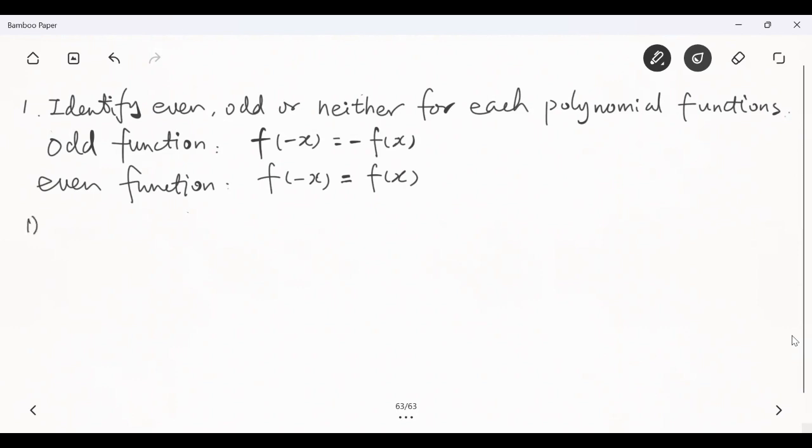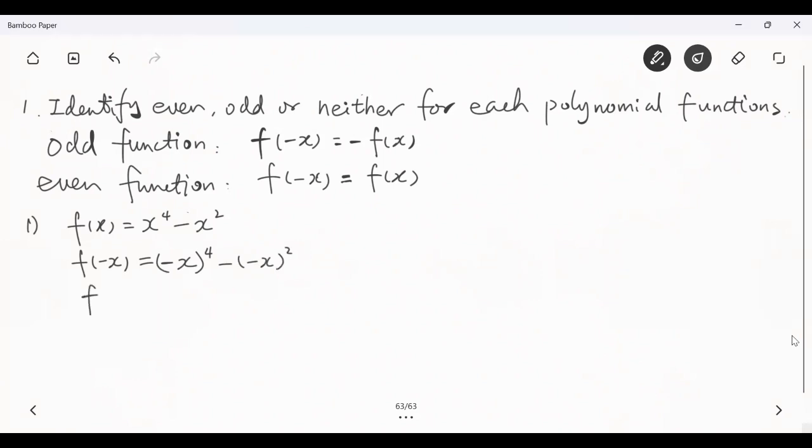The first one, if f x equal x to power 4 minus x squared. So we use the definition. Put negative x in the x. So the right side is negative x to power 4 minus negative x squared.